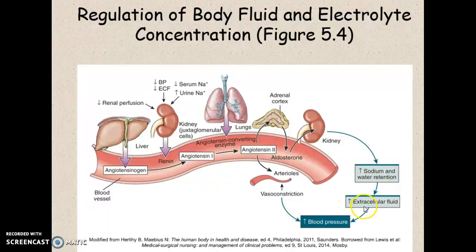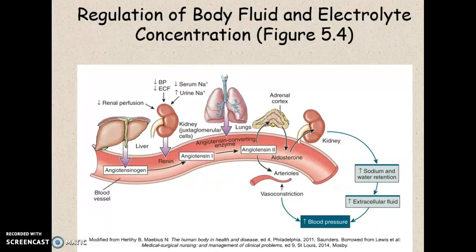That's going to cause an increase in extracellular fluid, increases the blood pressure. The angiotensin 2 acts on the arterioles to cause vasoconstriction, and the vasoconstriction increases blood pressure because you have a smaller volume in which the same amount of fluid can move through the vasculature.